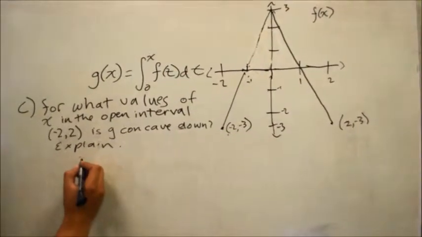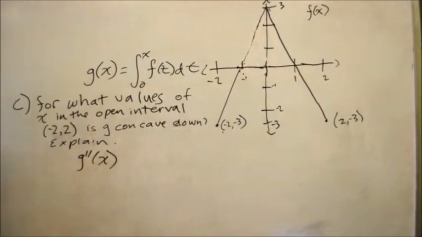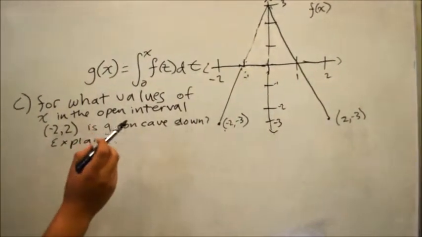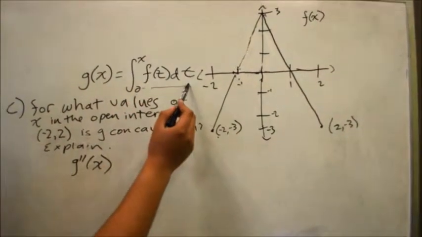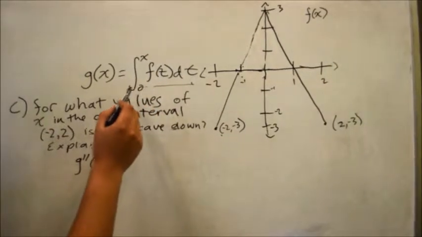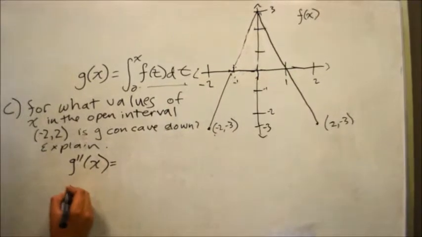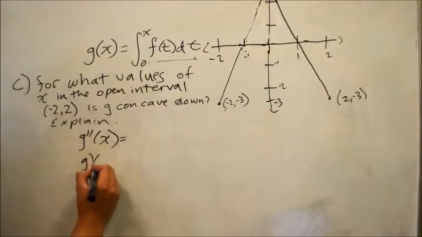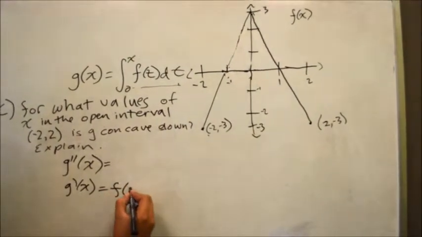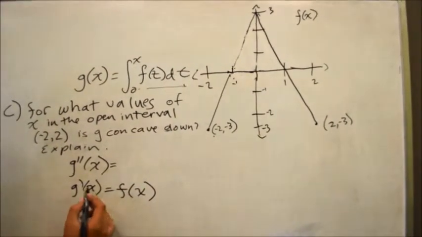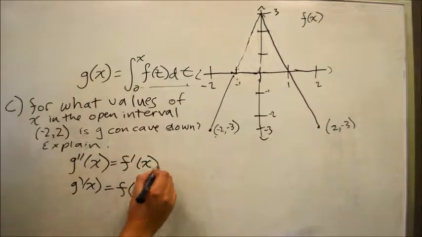For concavity, we have to look at g double prime of x, and since g of x equals the integral of f of t from 0 to x, g prime of x equals f of x, and so g double prime of x equals f prime of x.